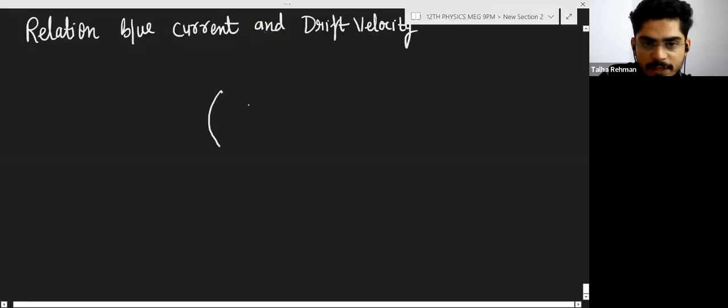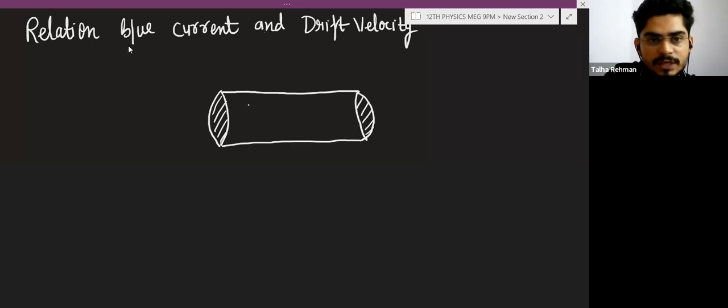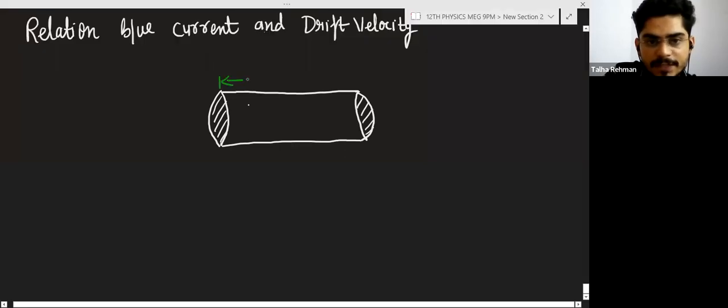we know that current flows in the conductor. I am taking a cylindrical conductor here, and this cylindrical conductor has a cross-section area. This is the conductor, and it has length L. The cylindrical conductor has length L, and A is the area of cross section.